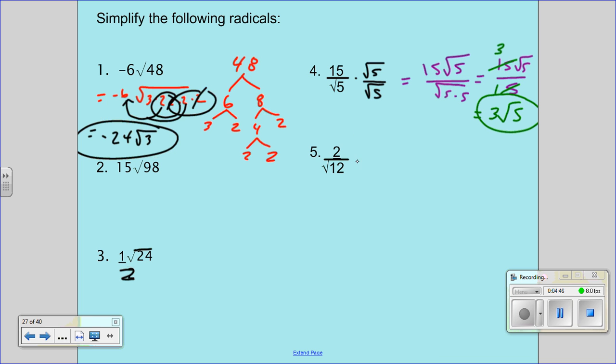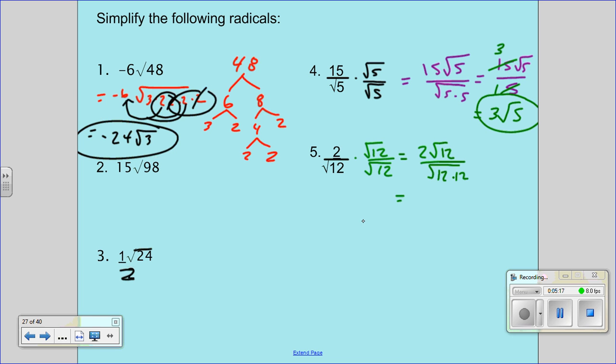So in number 5, I have radical 12 on the bottom. So again, I would rationalize the denominator, which is what it's called, by multiplying radical 12 both up top and at the bottom. So now at the top, I would have 2 times radical 12, or 2 radical 12, over radical 12 times 12.